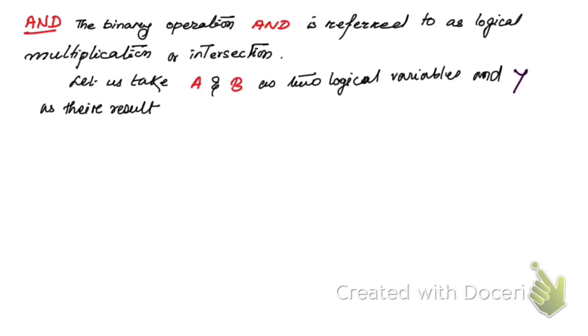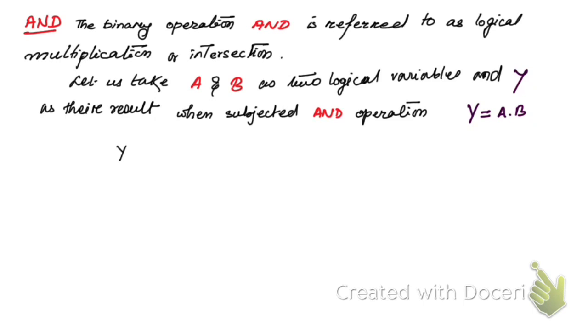Suppose y is the result of these two variables when they are subjected to the AND operation. Then y can be written as a dot b, meaning a into b, the product of a and b. Here the condition is such that the output will be true, or you can say 1, if both the variables are true.